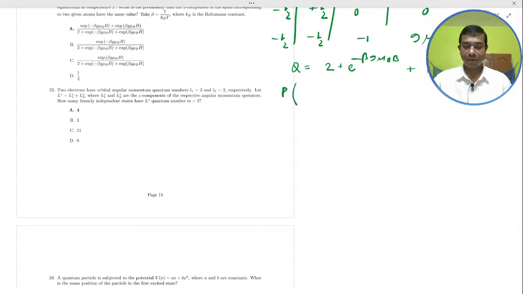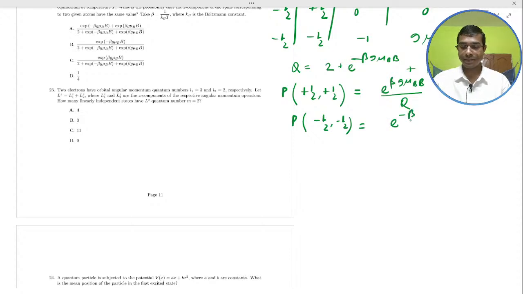Corresponding probability P plus half is e to the power beta g mu B B divided by Q, and another arrangement for the minus half will become e to the power minus beta g mu B B by Q.